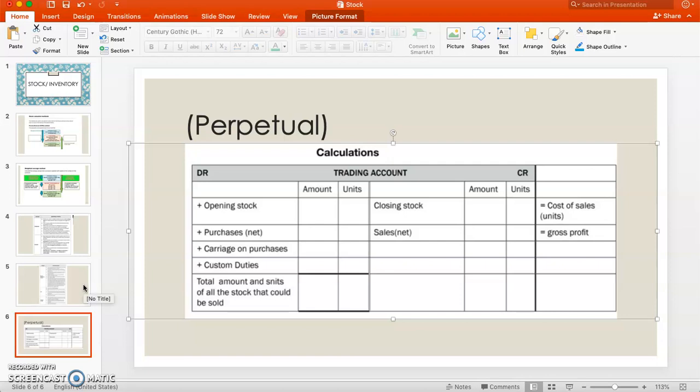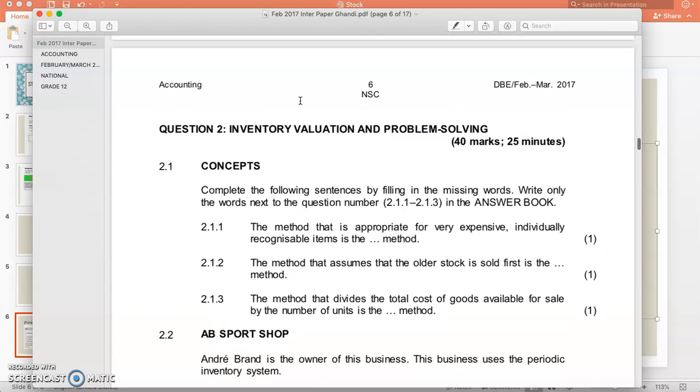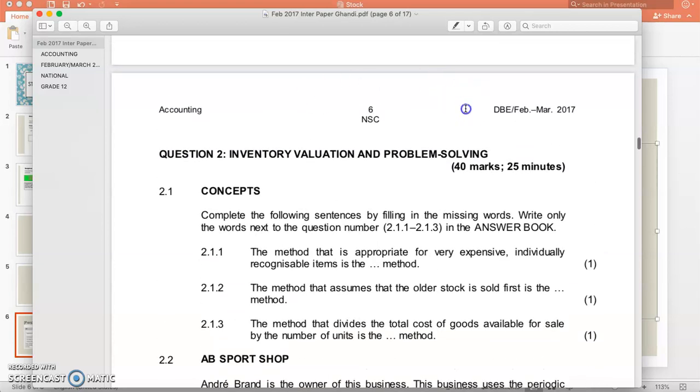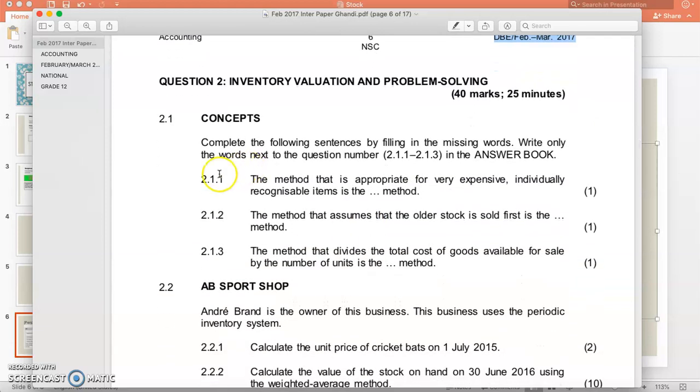And so one last thing, okay, here's today's question. As you can see, it's from a past paper, and we sent this to you, and this is what we'll be looking at. The first question says, the method that is appropriate for very expensive, individually recognizable items is the, okay.